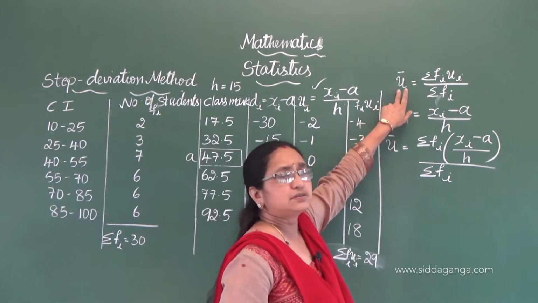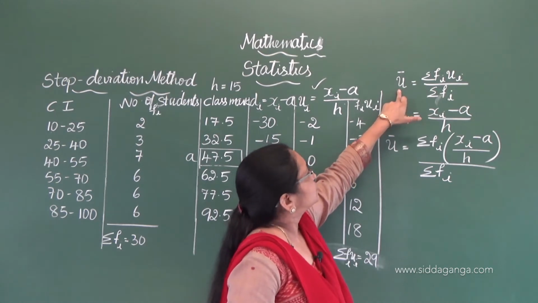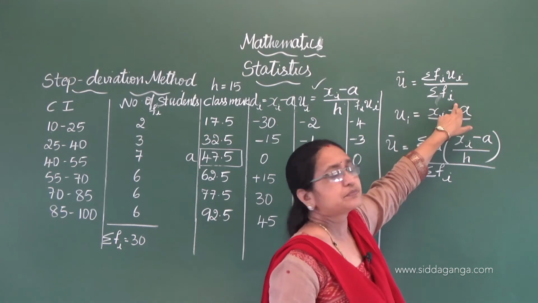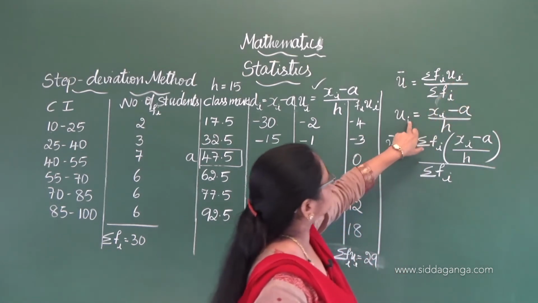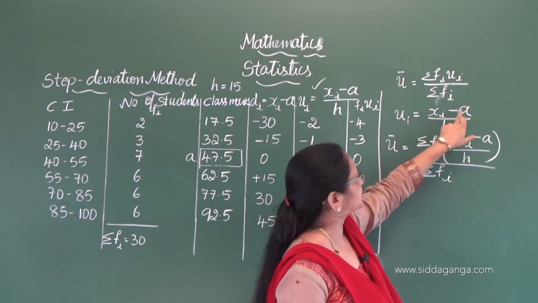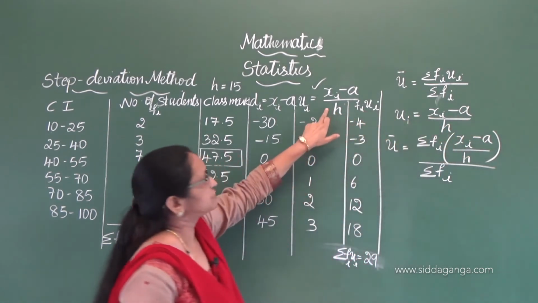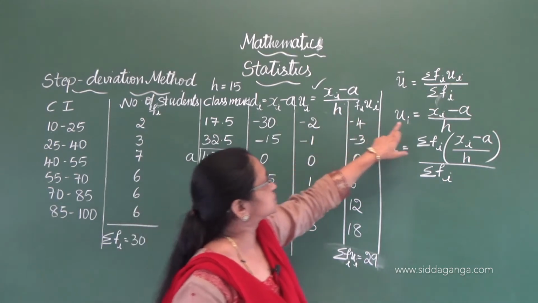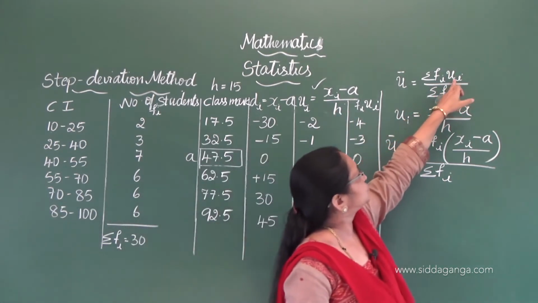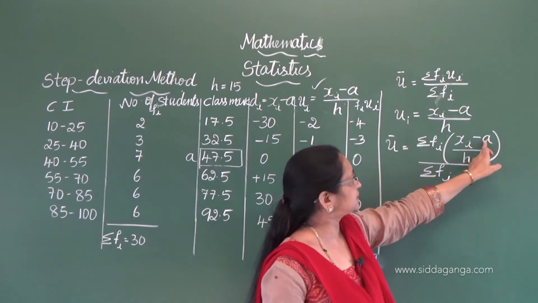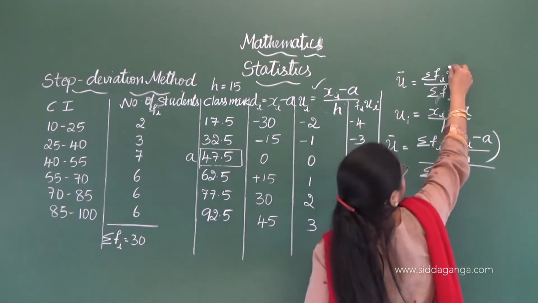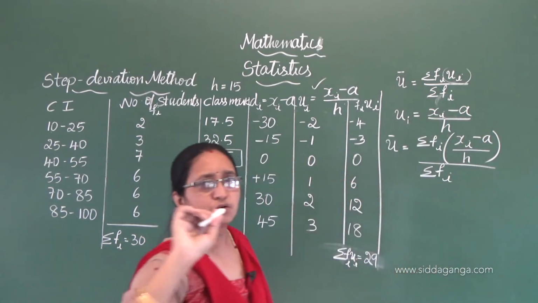We have u bar equal to sigma fi ui divided by sigma fi. ui means xi minus a divided by h, so I am replacing ui by xi minus a divided by h. I have not done anything else, I have just replaced ui here. I hope it is clear.